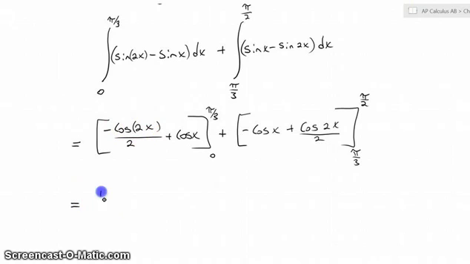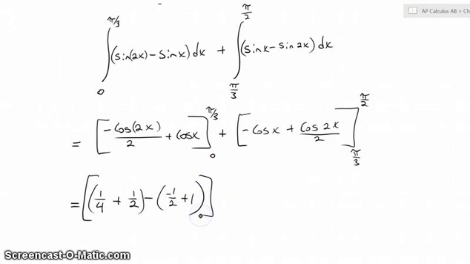So this is going to be 1/4 plus, just sitting here and evaluating at pi over 3, 1/4 plus 1/2. And then we're going to subtract 0. So in this case, cosine at 0 is 1, so we're going to have negative 1/2 plus 1.